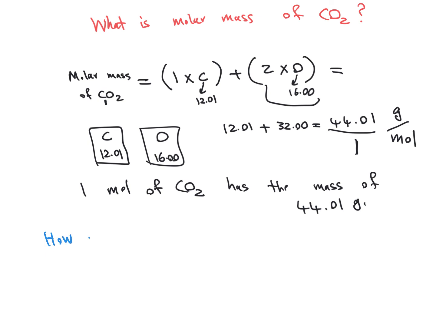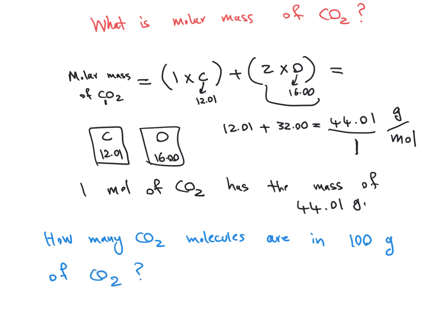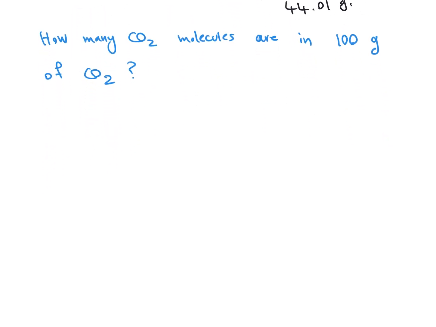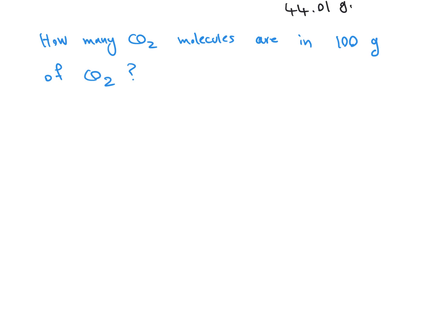So now I ask you, how many CO2 molecules are in 100 grams of CO2? Can you guys help me to solve this problem? What do I want to find? Molecules, exactly.